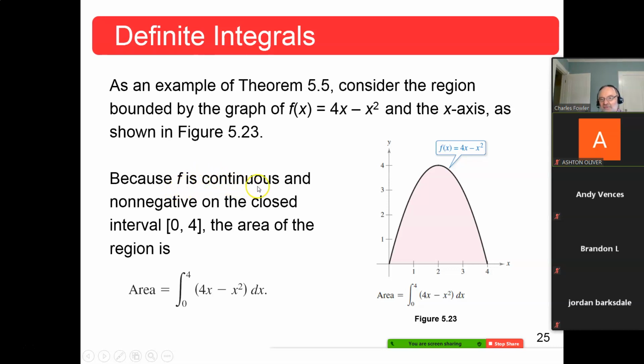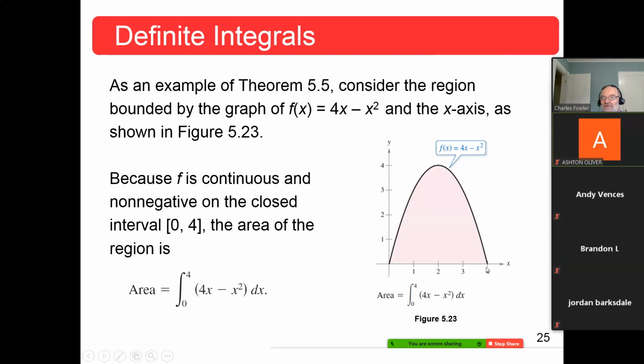Because f is continuous and non-negative only from 0 to 4, because this is the graph of f of x equal 4x minus x squared. That's all she wrote, folks. Yeah, the function keeps going down here, and it keeps going down here, but the area is between for the non-negative portion of that function. So that goes from 0 to 4.